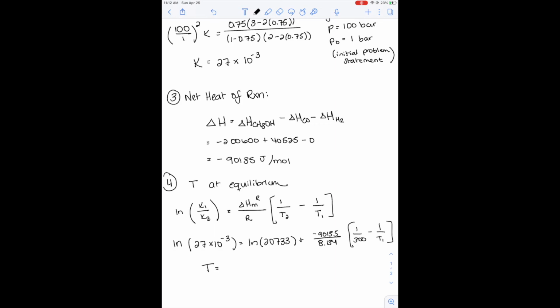Then we're just plugging in our values: our net heat of reaction value over the R constant value, because we assume that it's an ideal gas. 300 was our given temperature, and our other values we solved for, and now we are solving for our final T value, which is going to be 516.5 Kelvin.